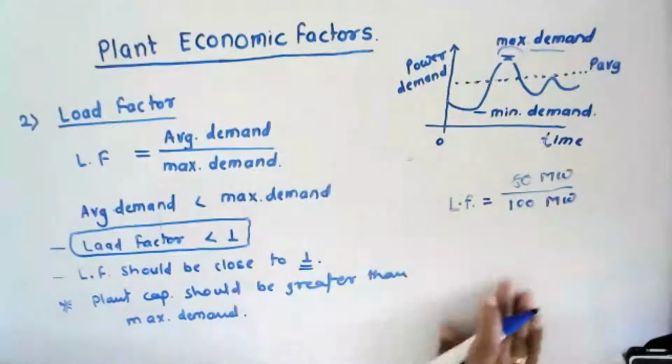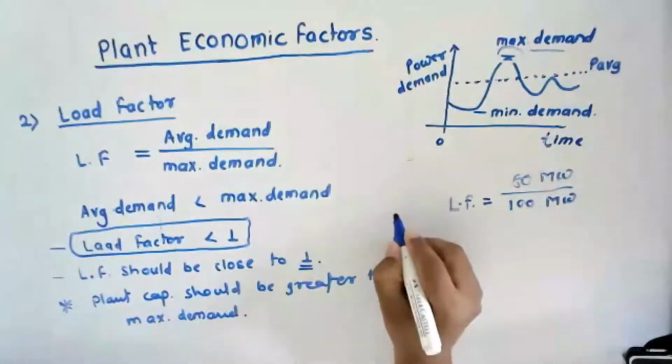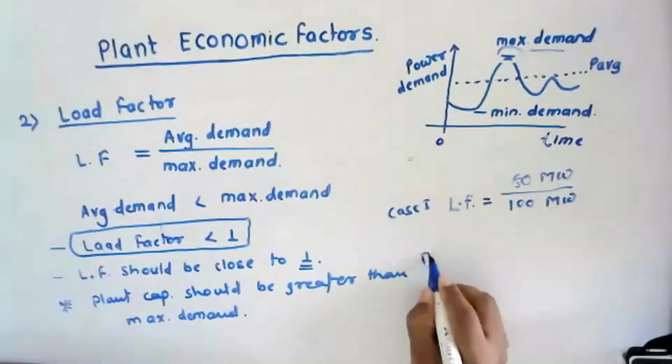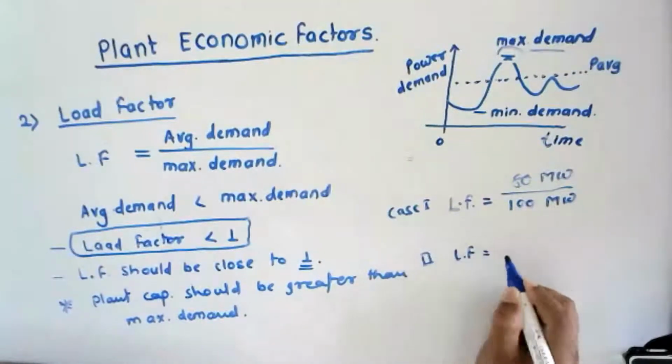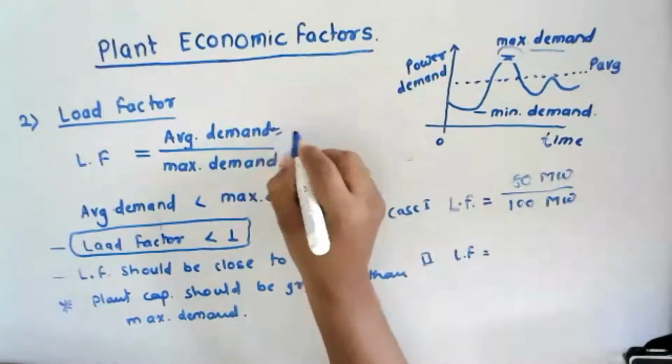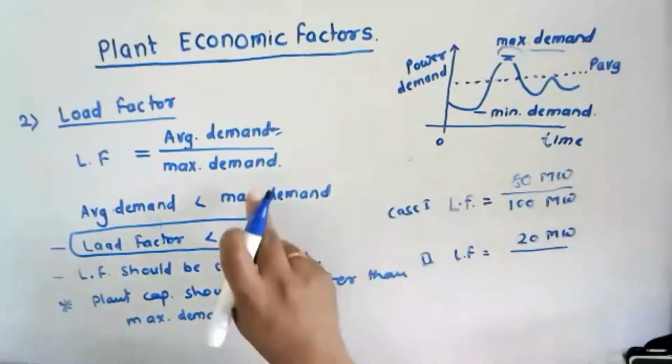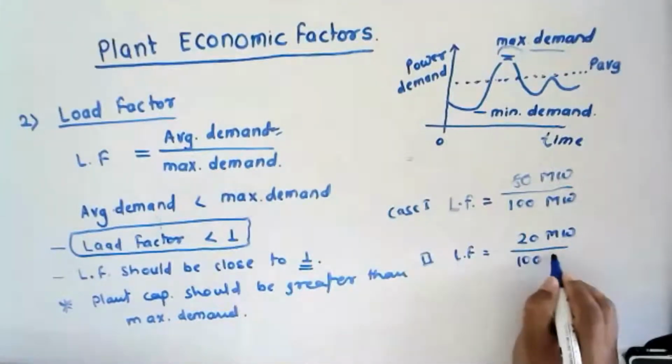So this one is your load factor and this is case 1. And the second case is that your average demand is 20 megawatt and the maximum demand is also 100 megawatt.